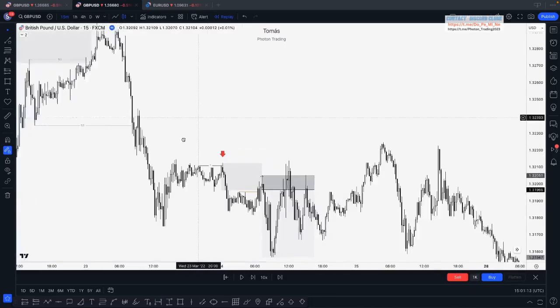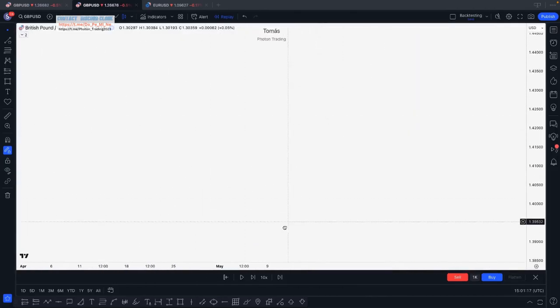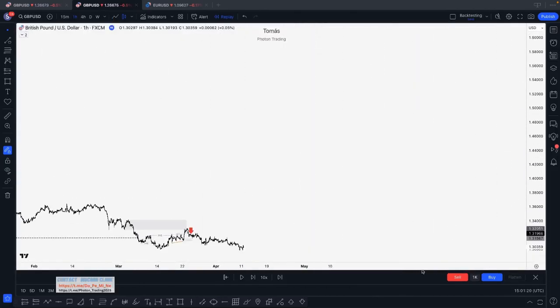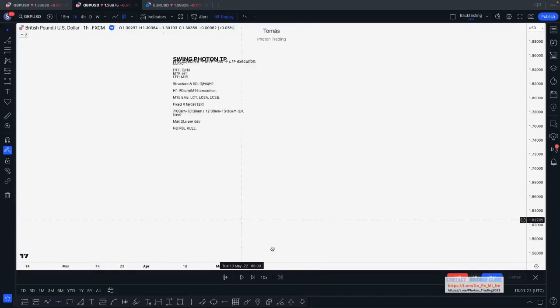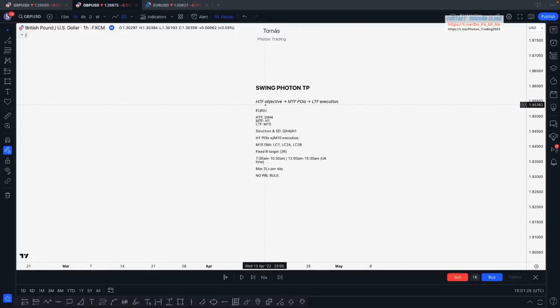I hope you guys can also see the rules, and yeah, let's now repeat this. So basically, okay, it's here. So right, high time frame objective, medium time frame POIs, low time frame execution.